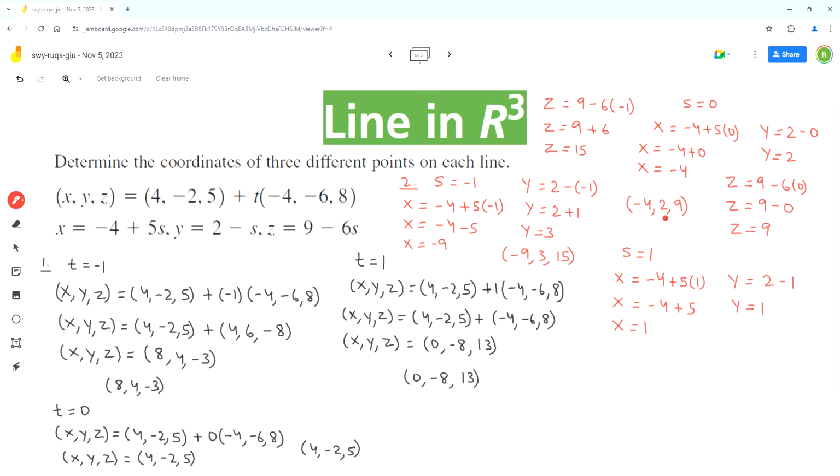Now we can use the z equation. I get z equals 3. So the third point that lies on this line is 1, 1, 3.